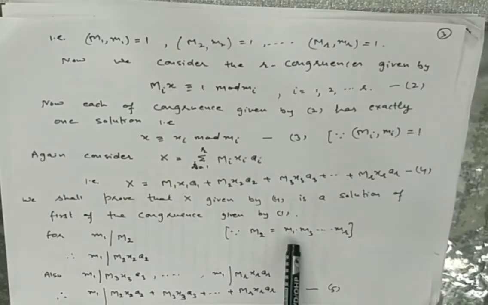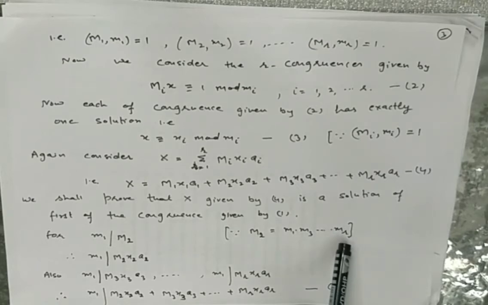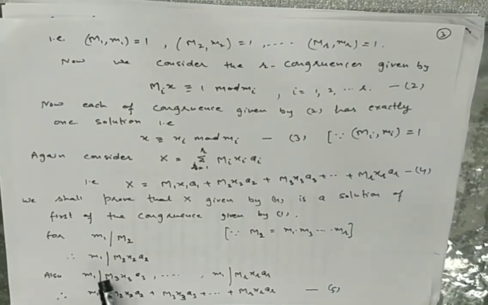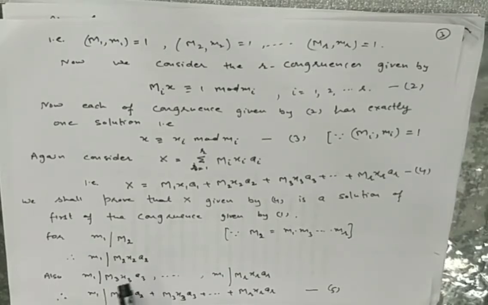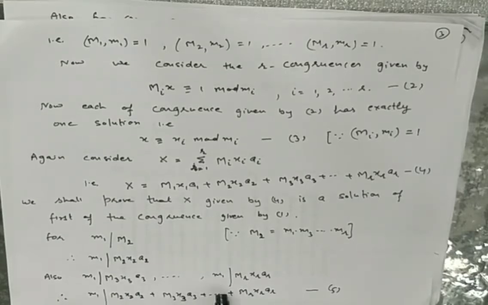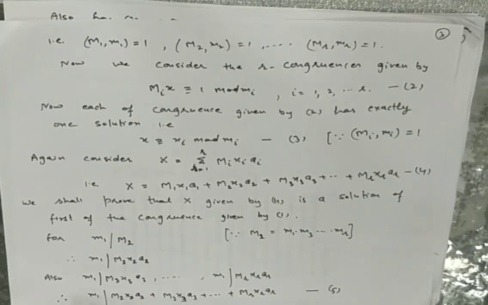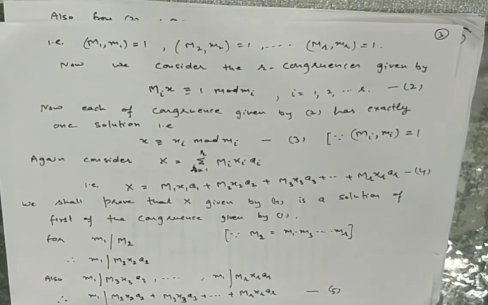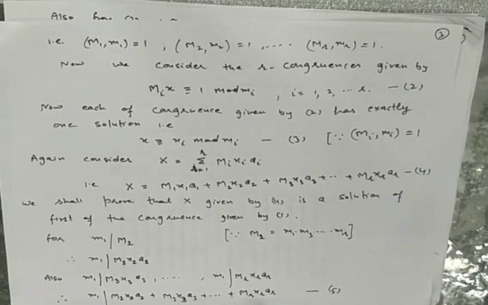It is the product of m1, m3, and so on up to mr. Also, m1 divides M2 x2 a2, and small m1 divides M3 x3 a3, and it also divides Mr xr ar. So m1 will divide the sum of all these, that is, m1 divides M2 x2 a2 plus M3 x3 a3 plus, and so on, Mr xr ar. Let it be equation number 5.